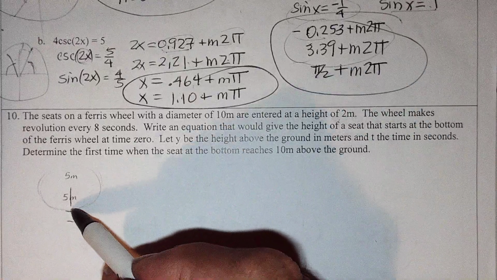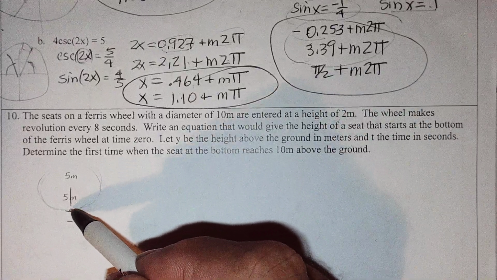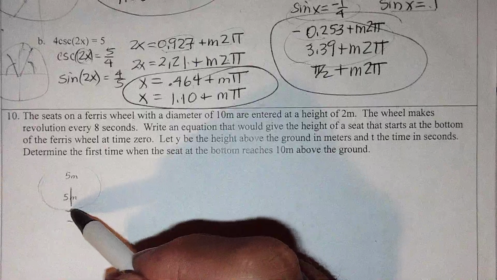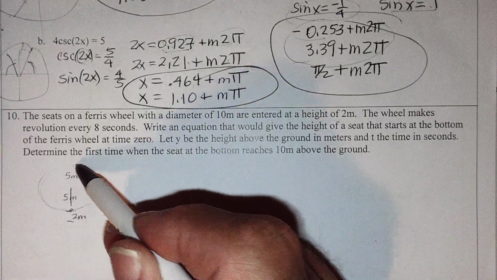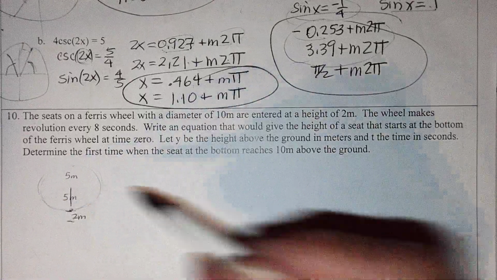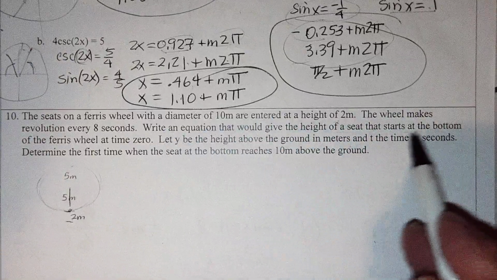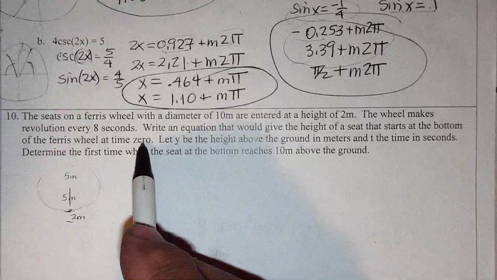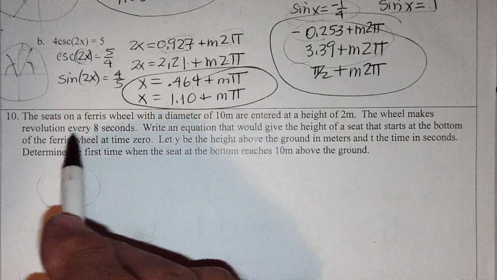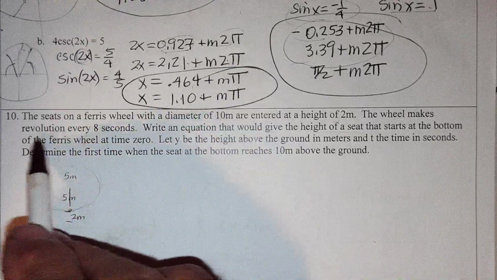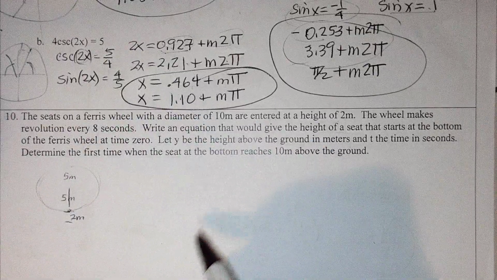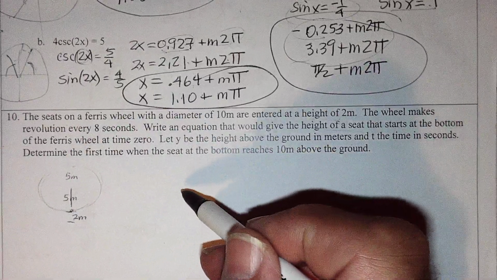So the seat on it's going to go from 2 up to 12, back to 2, and write an equation to give the height of the seat as it starts at the bottom of the Ferris wheel at time 0, and it takes 8 seconds to do one complete round. This is a fast Ferris wheel.